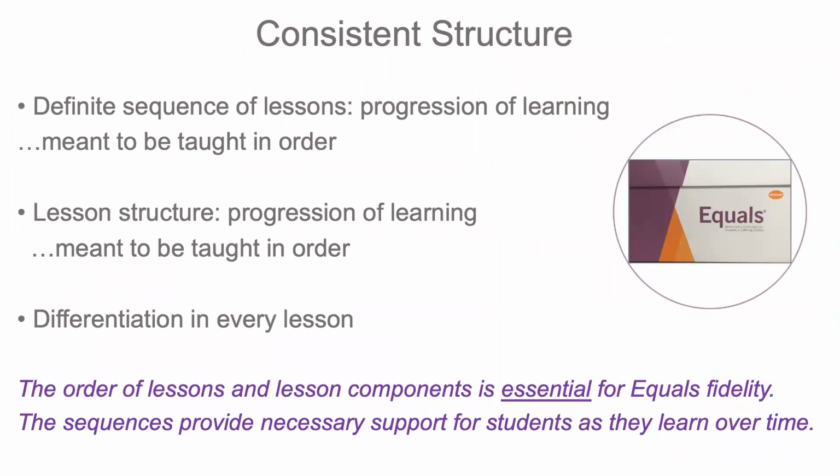To sum up the philosophy as we move forward now, it is important to really think about and embrace this idea of that definite sequence of lessons. They have all been organized within a systematic format. This format allows students to develop and use a consistent math vocabulary and practice using math manipulatives in a variety of ways.